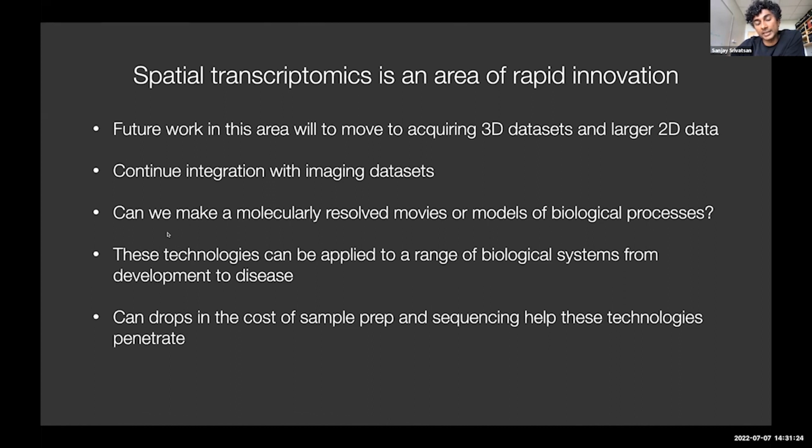These technologies in principle can be applied to a range of biological systems, from development, as I showed you here, to disease and pathology. And as the costs of sequencing and sample prep drop, hopefully these technologies can penetrate medical markets and other markets where they can gain wider adoption.